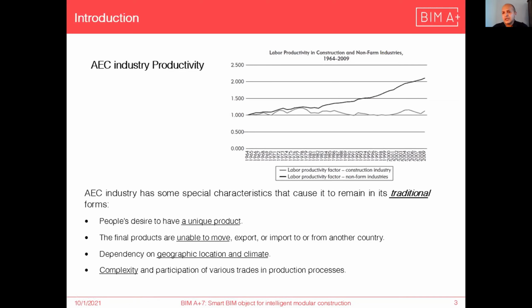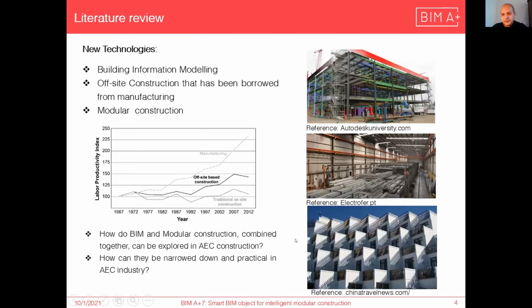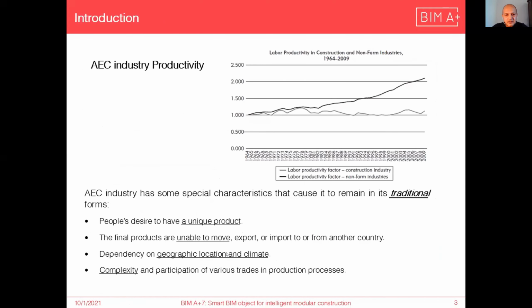It has some main causes. For example, the products are unique, unable to move, and dependent on geographical location and climate, and also the complexity of the product. It has a lot of elements and a lot of methods.